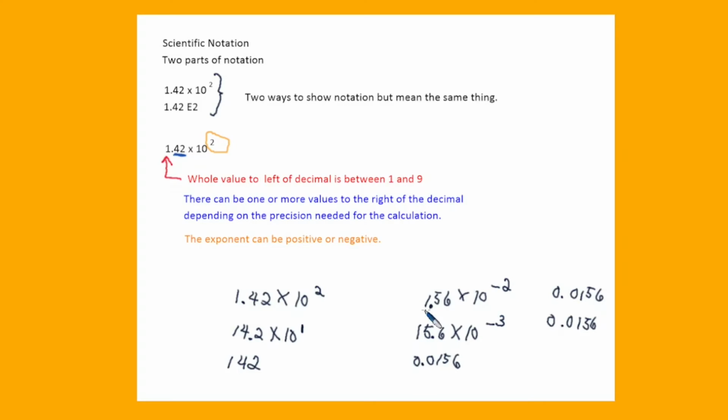And so if it's more advantageous to do it this way, do it this way. If it's more advantageous to do it this way, then use that. But this is just another way of helping you whenever you're doing calculations.